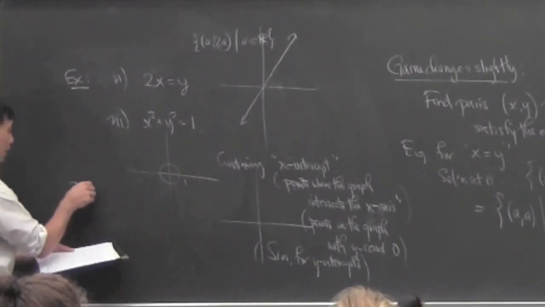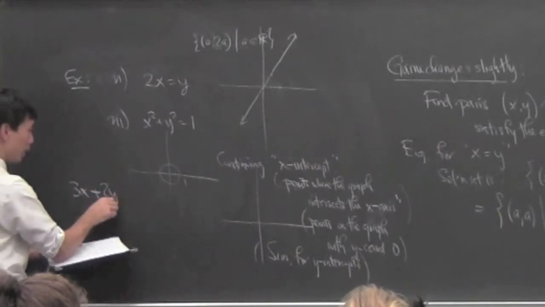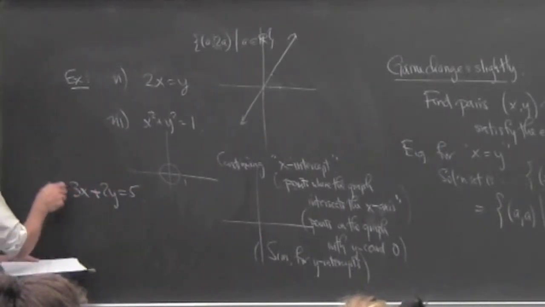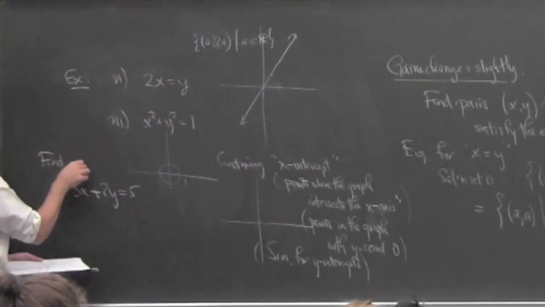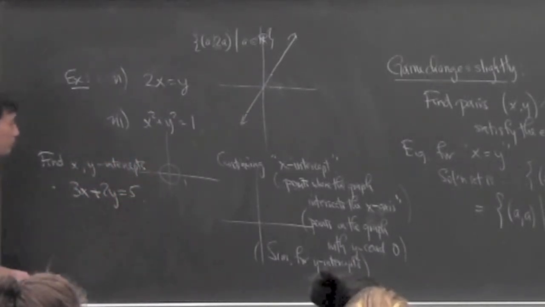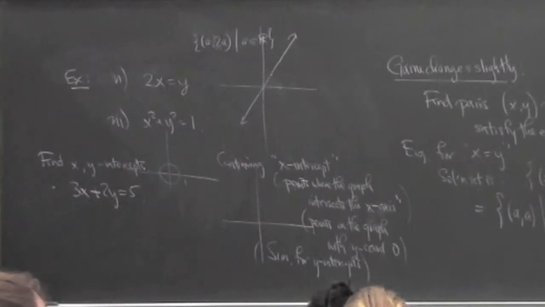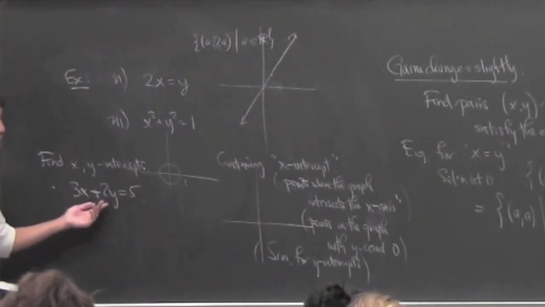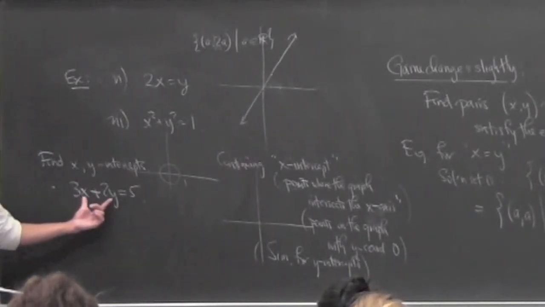So we'll do a couple of examples. If I give you something like 3x plus 2y equals 5 and I say find the x and y intercepts of this, then the game is you have to find the points that solve it.